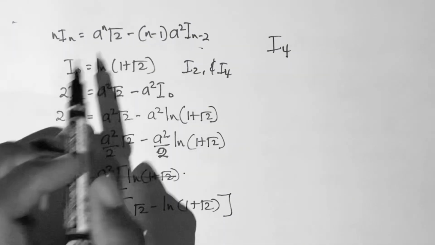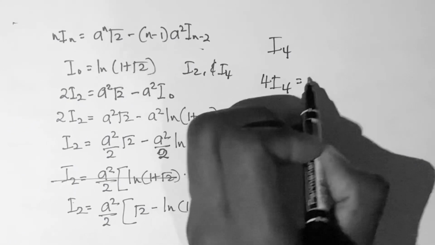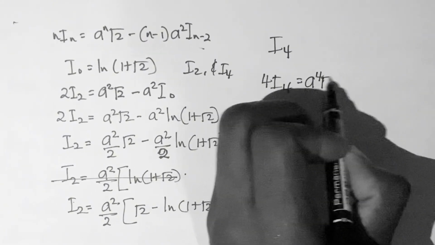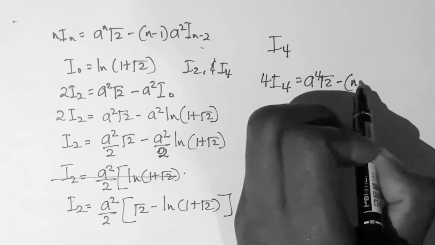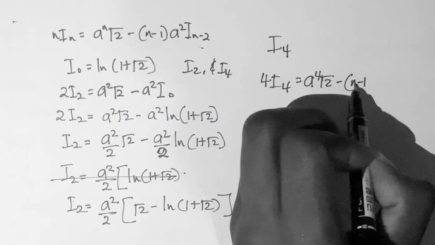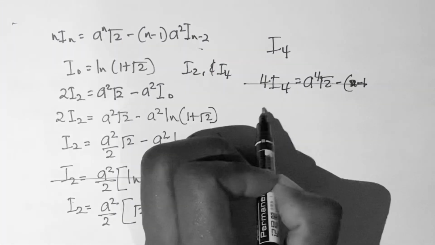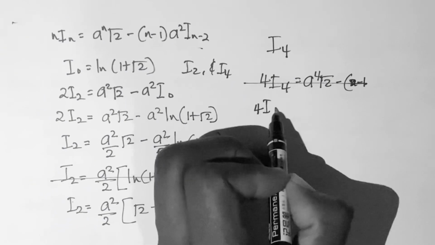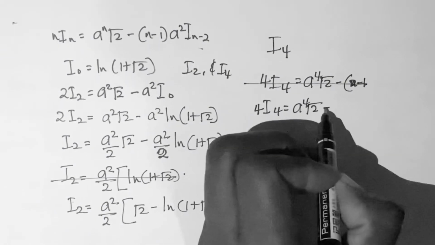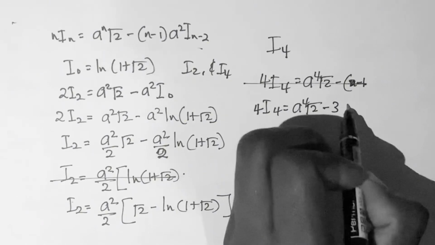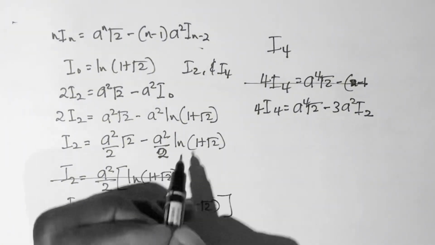Now if you put 4 in the reduction formula, we find out that 4I of 4 is equal to a exponent 4 root 2 minus (4 minus 1), which is 3, a squared I of 4 minus 2, which is I of 2.